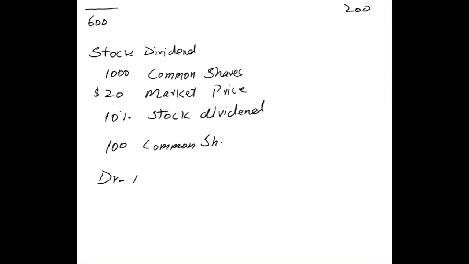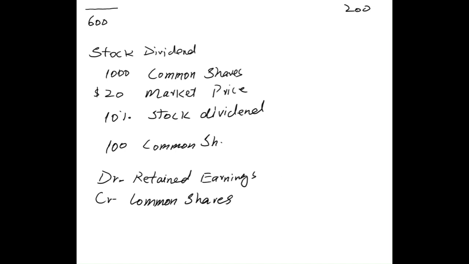So debit retained earnings and credit common shares. And the amount will be the additional common shares times what the market price is.